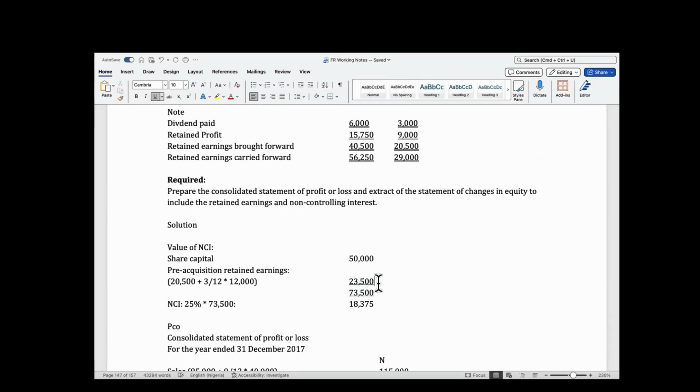It's cumulatively as at April. This 50,000 is as at April too. So we are just saying, this is the value of the subsidiary as at April, and NCI has 25% of that value. So that's exactly what we want: retained earnings till the date of acquisition, and then NCI has 25% of that. That's the logic.